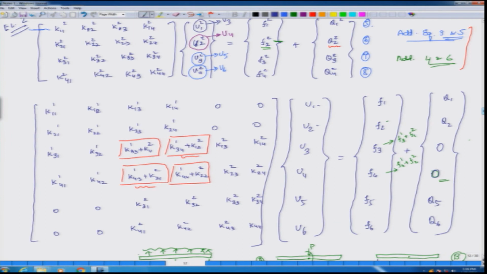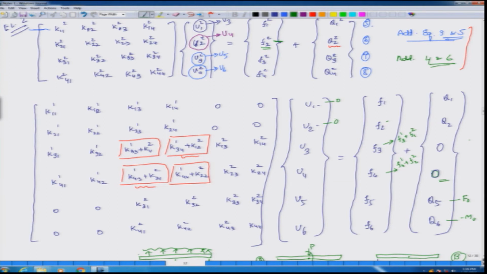So, these are the four conditions which I can put here. Here I can put minus m naught instead of Q6, here I can put f naught, here I can put 0 and here I can put 0.